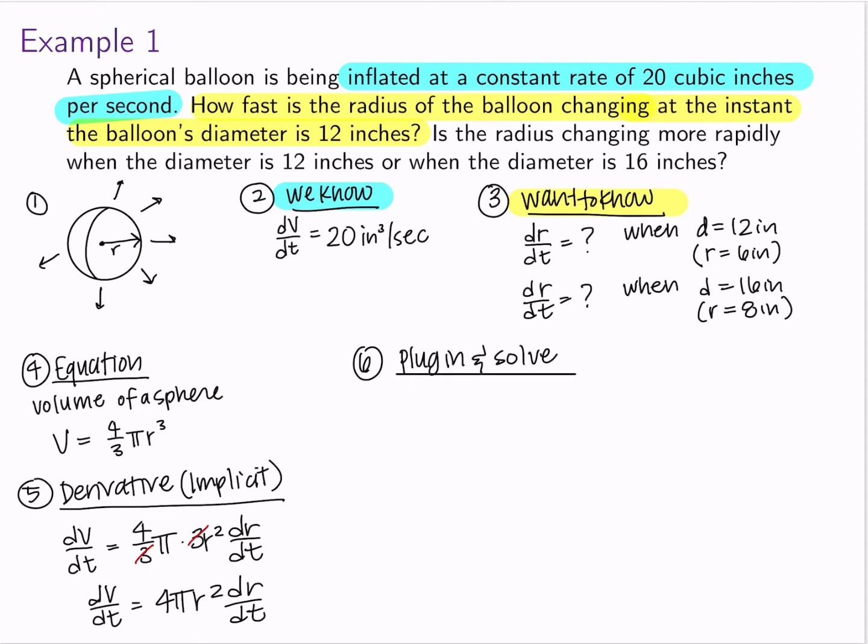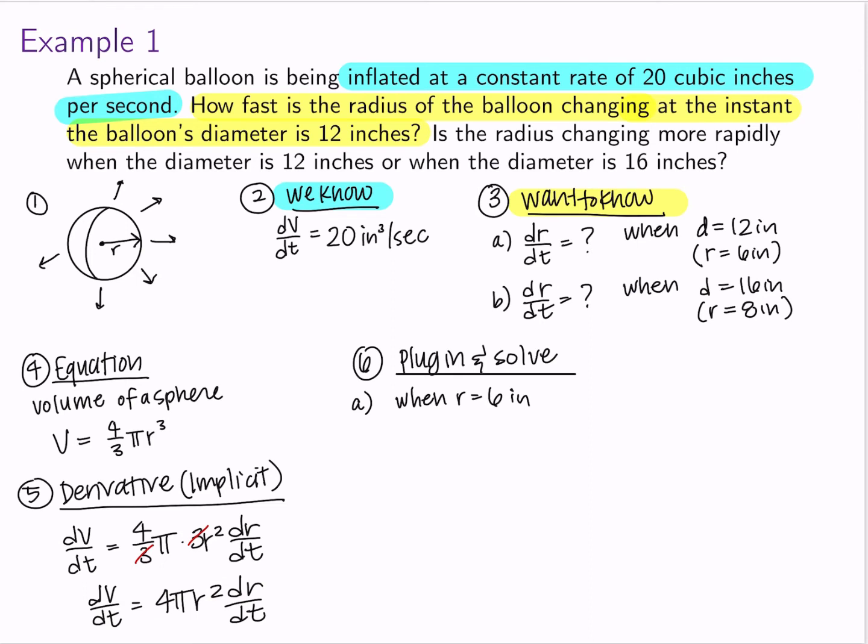Okay, so I did have 2 questions, so I'm going to come back up here. We'll do part A and part B. So let's look at part A first. I want dr/dt when d is 12, which means r is 6. So at that moment in time, when r is 6 inches, I'm using my related rates equation down here.